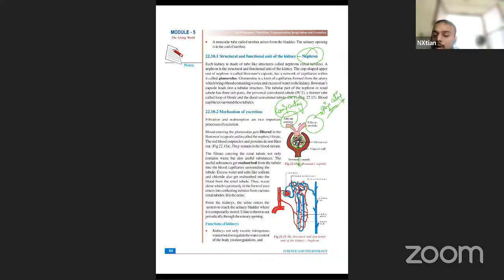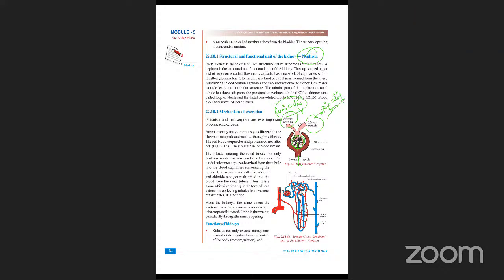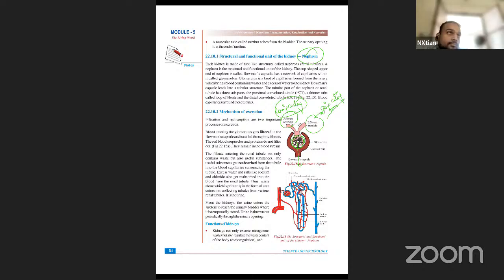Any doubt? No, sir. Yes, please. The Bowman's capsule has a network of capillaries within it called the glomerulus. The glomerulus is a knot of capillaries formed from the artery which brings blood containing waste and excess water to the kidney.